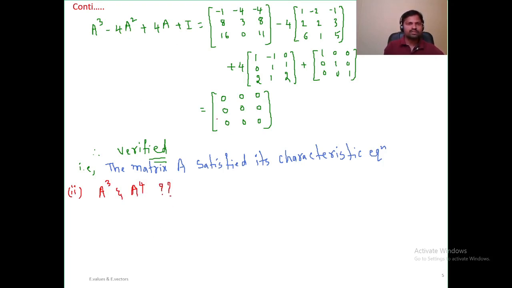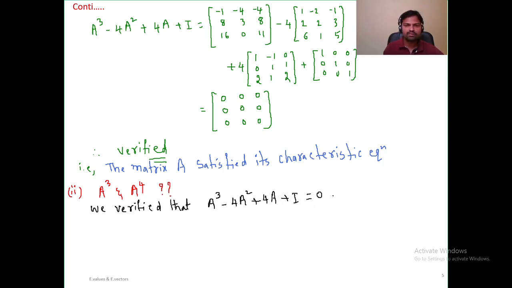So what we got here is, we verified that A raised 3 minus 4 times A raised 2, okay, listen carefully, plus 4 times A plus identity matrix is equal to 0. This is not 0, it is the null matrix, and this one we verified just now, and from this equation only I am going to find what is A cube and A power 4.